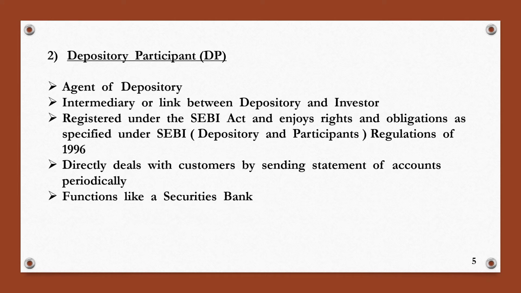Further, just like commercial banks or any other banks is a bank for money and credit, in a similar way, DP functions as a bank for securities, wherein the securities of the investors are safely handled. And it is for this reason that the DP is also called a securities bank.